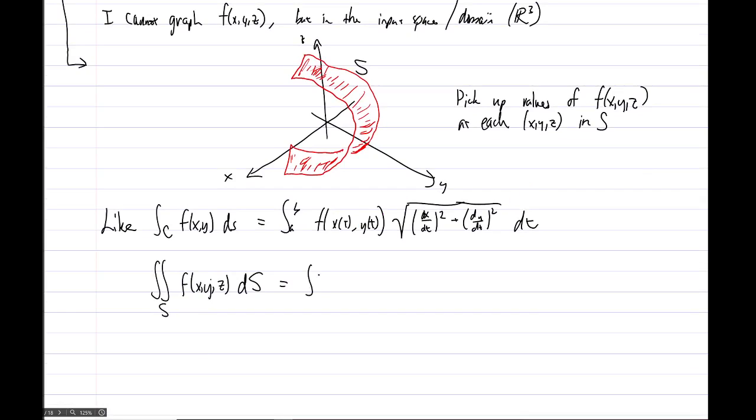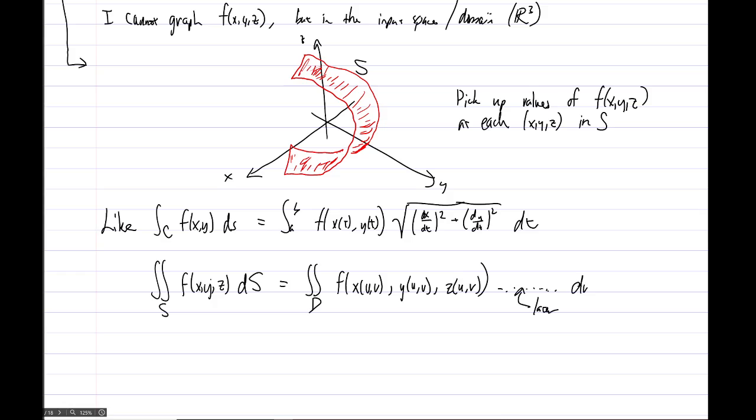It'll be the integral over D of f of x of u comma v, y of u comma v, z of u comma v, with some additional details here. Let's not worry about this for later, okay?